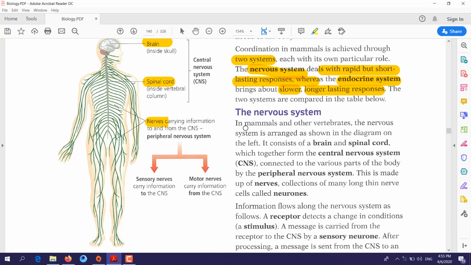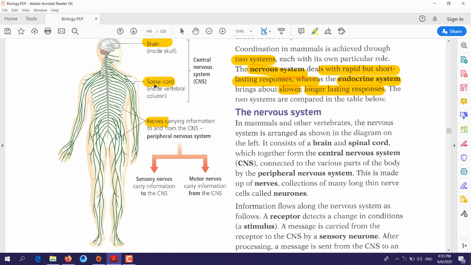Firstly, in mammals and other vertebrates, the nervous system is arranged as is shown in this diagram. Firstly, as we mentioned before, it consists of brain and spinal cord.